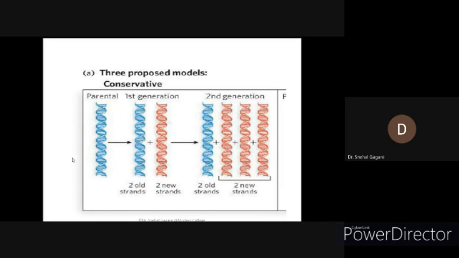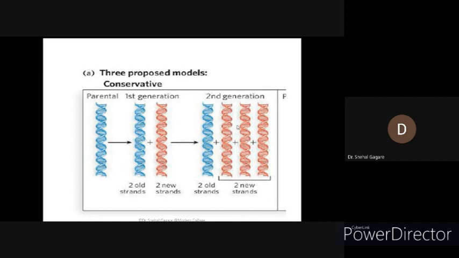Means if a cell has this copy of DNA, after the conservative mode, it will get one DNA molecule which has completely the two old strands, and two new strands will be synthesized in the daughter cell.